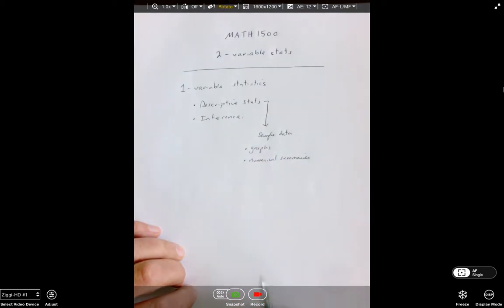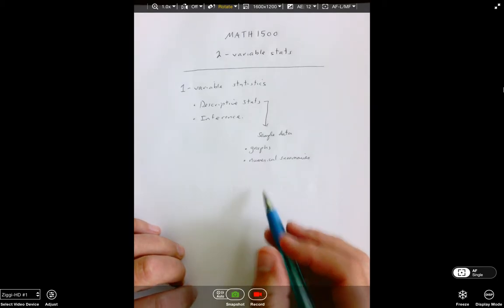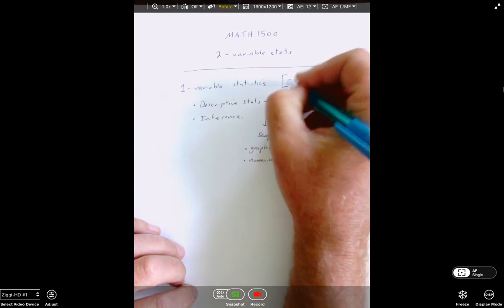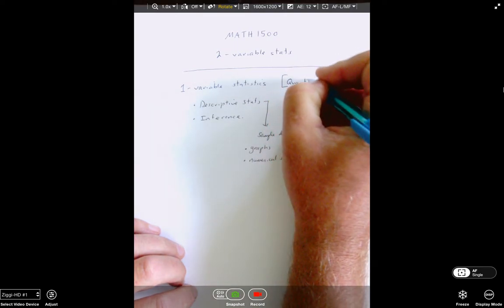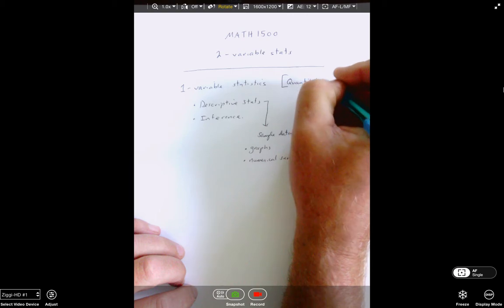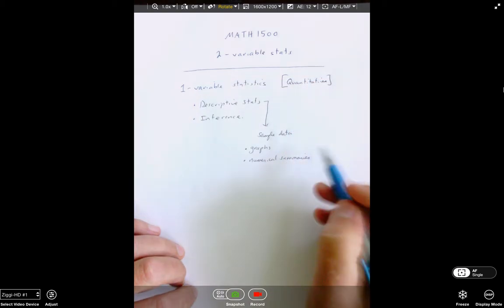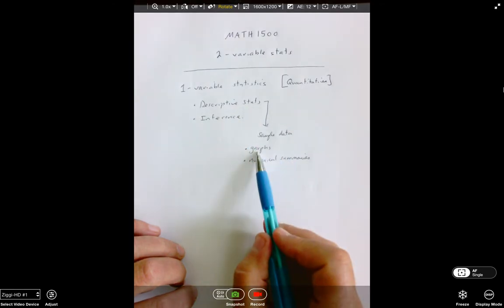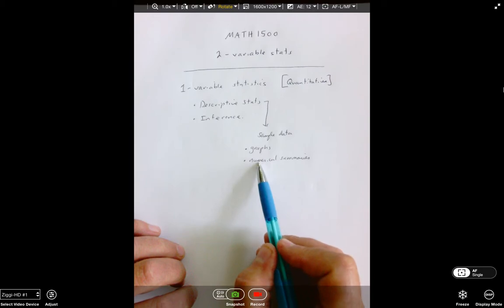So the things that I hope you learned in this class so far is if we have one variable statistics and let's say it is quantitative, then it would be reasonable to report the descriptive statistics in terms of graphs, which are a histogram or a box plot. We would want to look at numerical summaries like the mean, the median, the standard deviation, possibly the variance, the IQR, the quartiles.